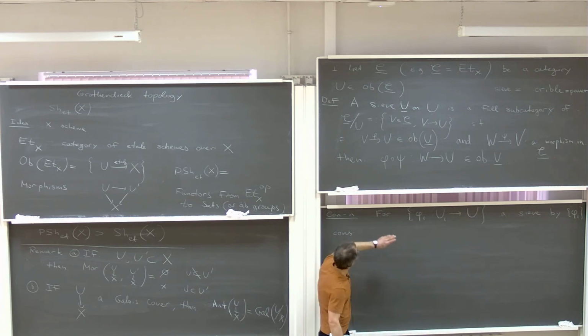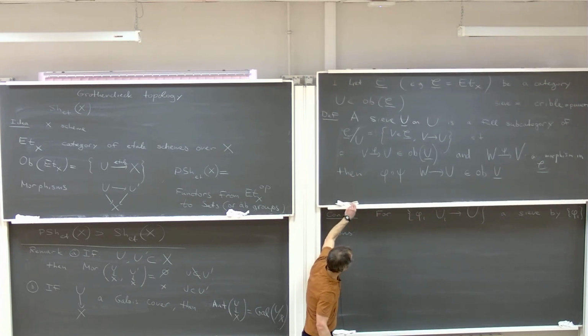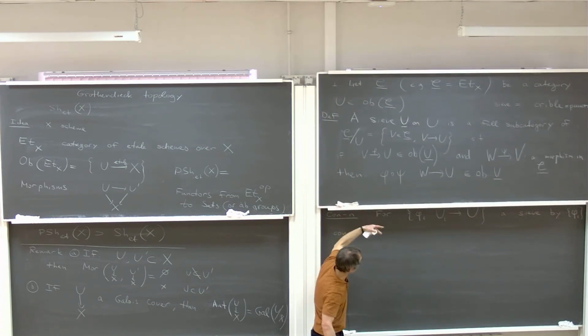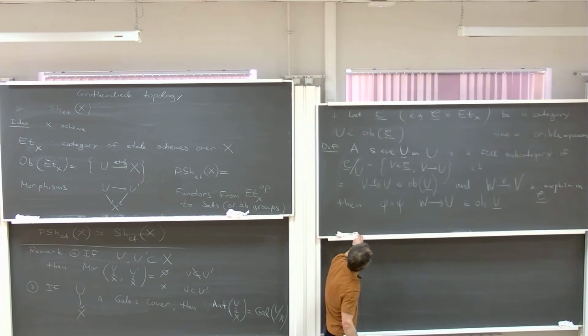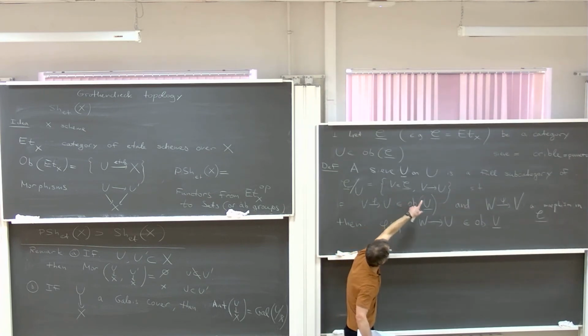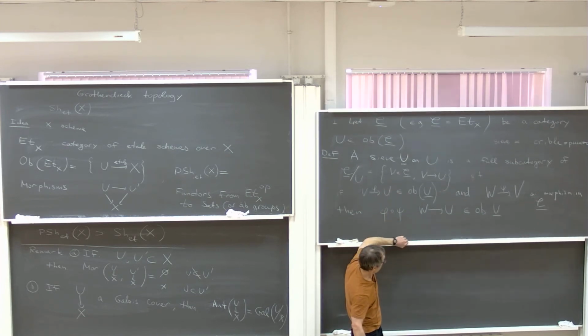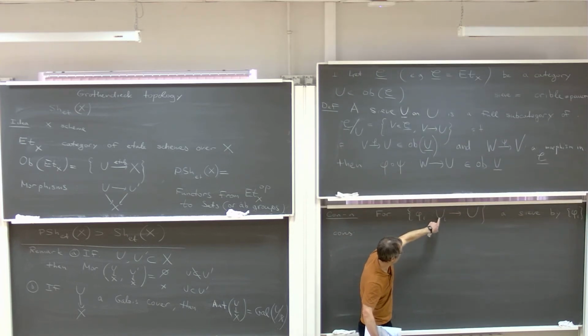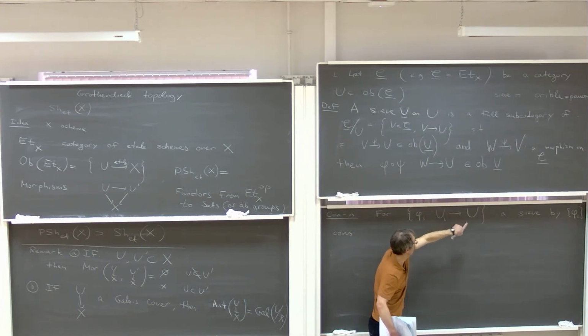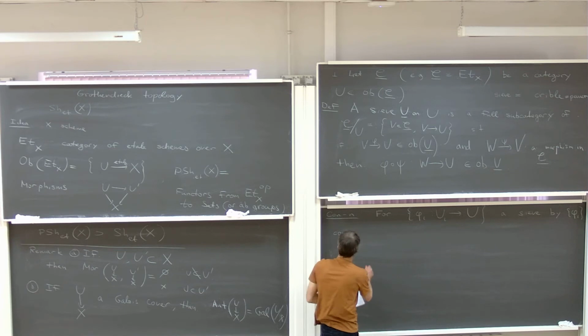A sieve is again a collection of objects over U, and this is the only property that we require. So I want to take the smallest sieve that has this object in it. There is an obvious way to do this.